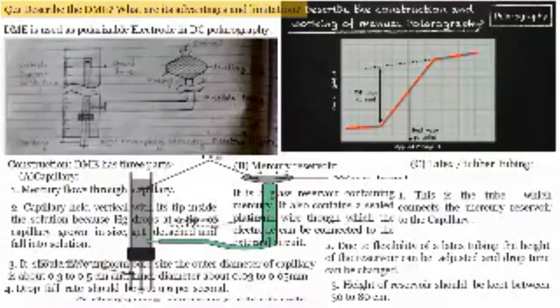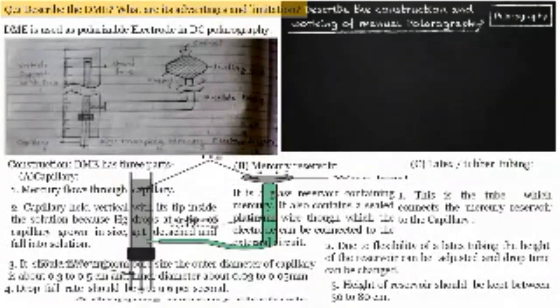From the graph, the half-wave potential is determined. This half-wave potential is characteristic of each ion present in the solution, so we can have qualitative analysis and identify the ions. With the help of the diffusion current, we can have quantitative analysis, because the diffusion current depends on the concentration of the ions.